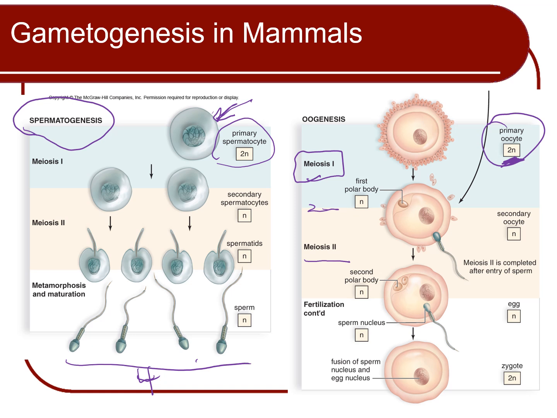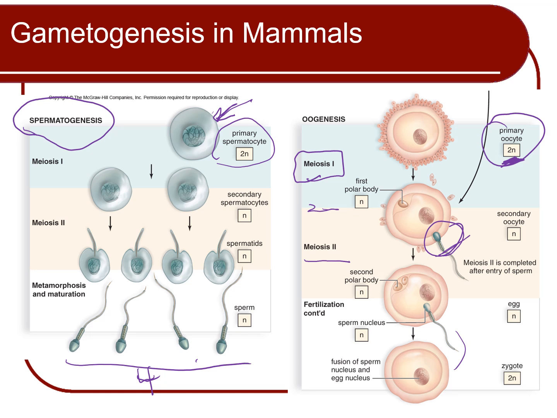And they only complete meiosis 2 if it's fertilized by a sperm. If the egg is never fertilized, it never completes meiosis 2, and it's expelled in menstrual flow without having ever completed meiosis 2.